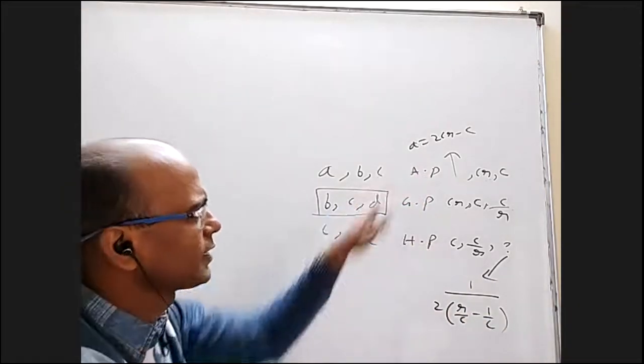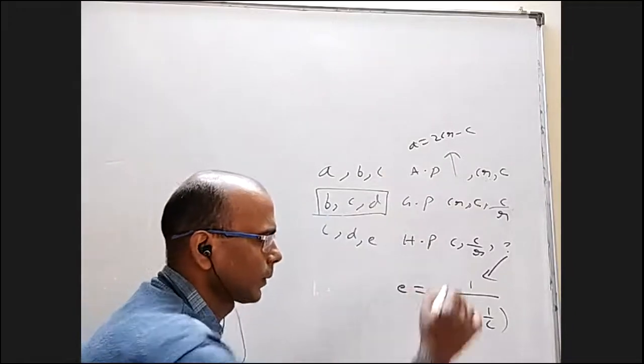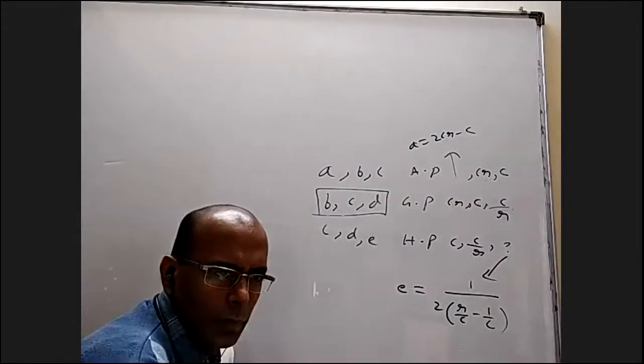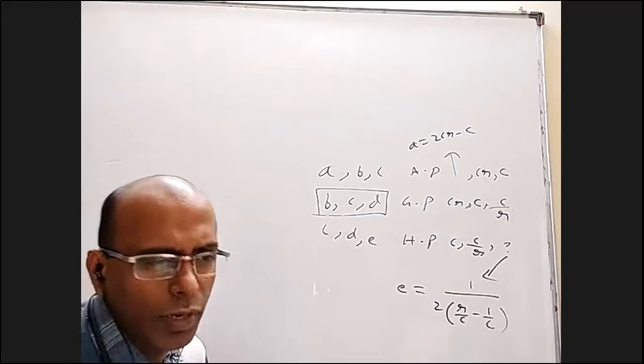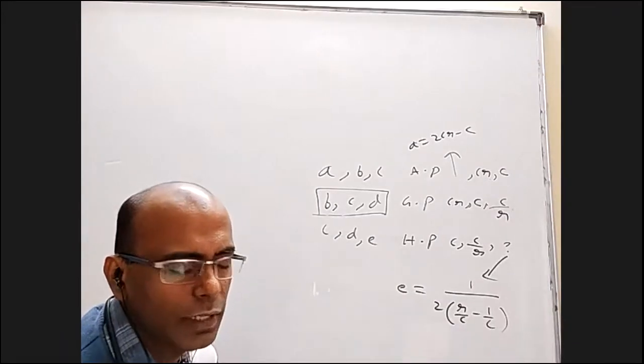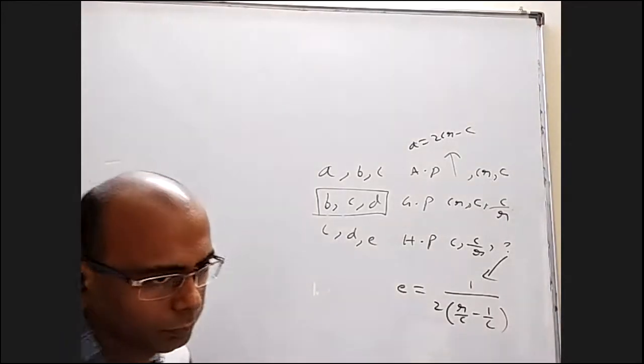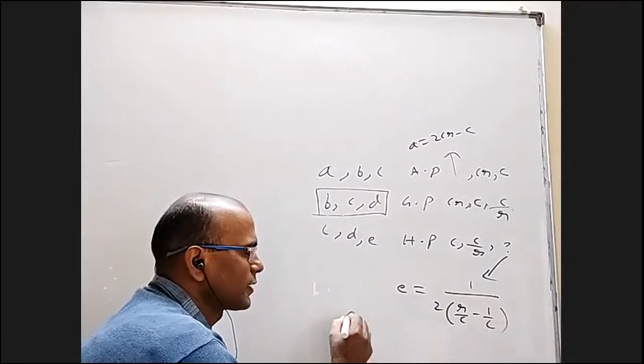All of you agree that A is this and E is this? Yes, sir. Okay. I think now I can very quickly prove how A into E is C square. If you simplify this E, what will come?